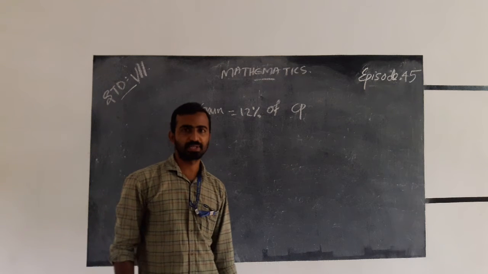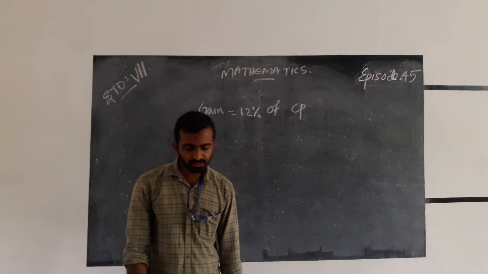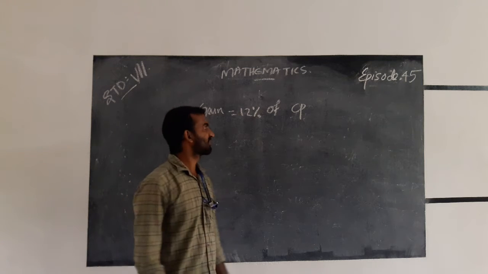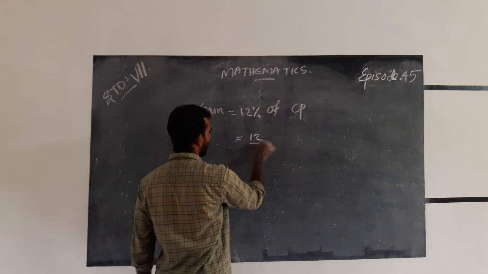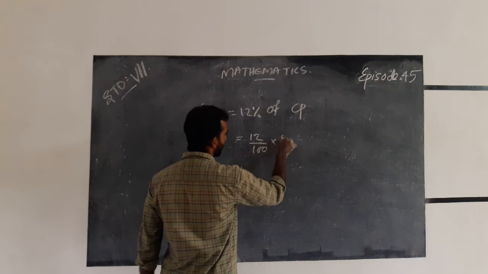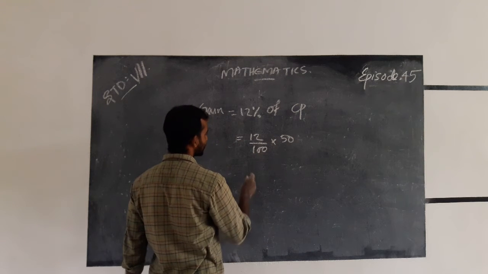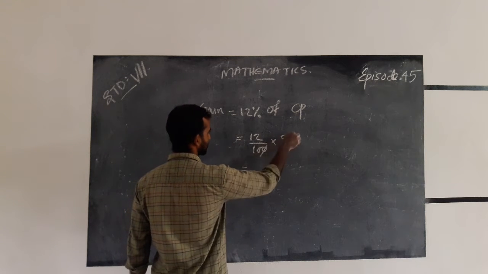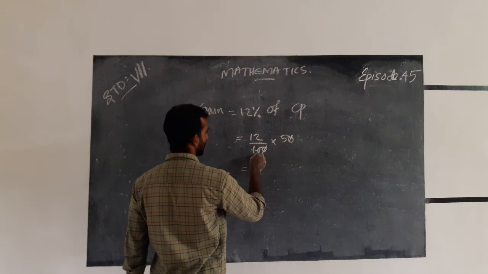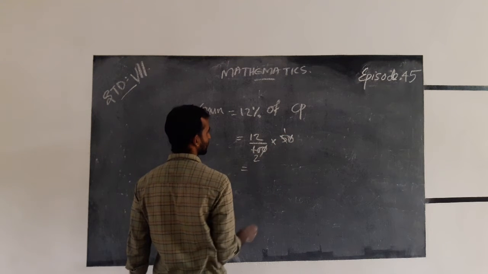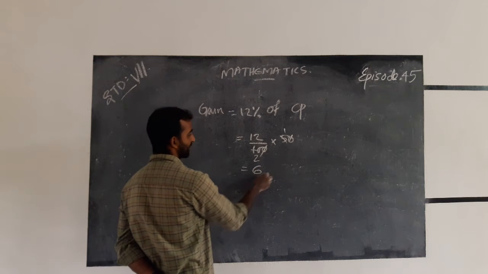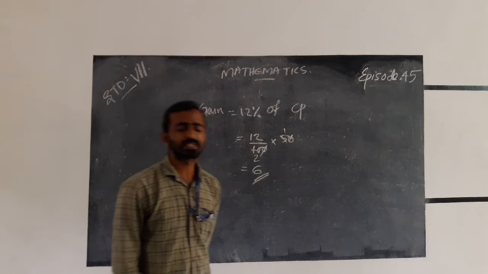What is the cost price? That is 50. That is 12 by 100 into 50. We get 6. That is, gain is 6 rupees.